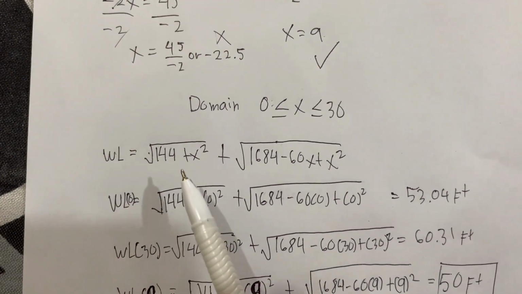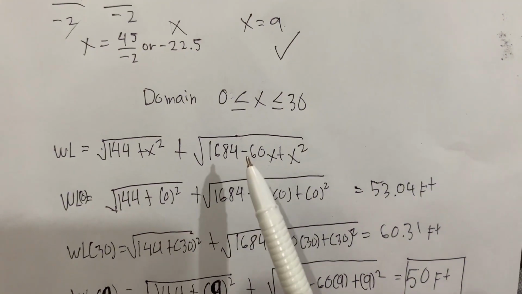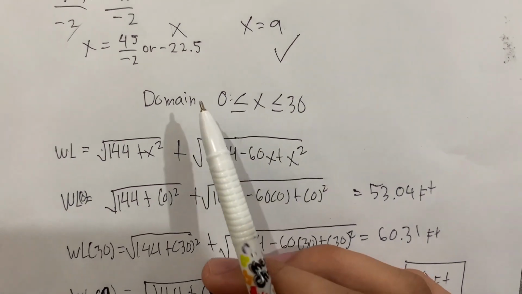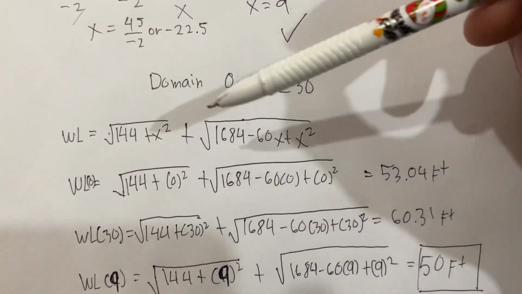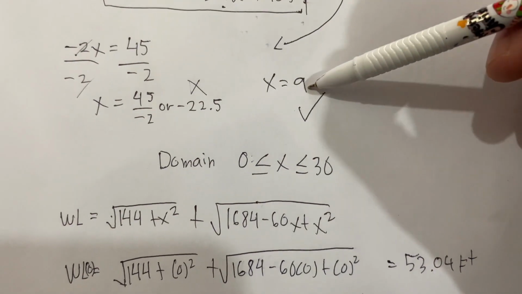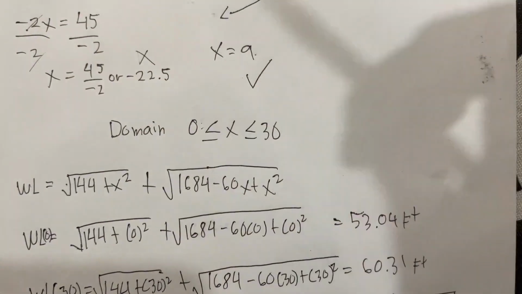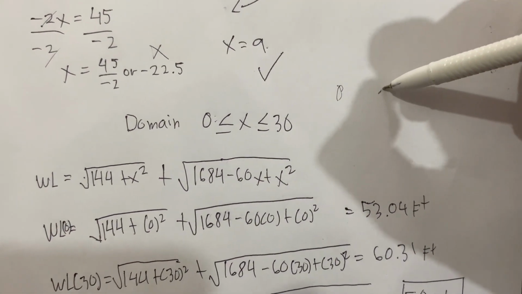So next, we're going to go back to our formula which we had earlier. Wire length equals the square root of 144 plus x squared, plus the square root of 1684 minus 60x plus x squared. Now, since we have x here and x there, we can just substitute our 9 here. But first, we are going to try if we assume that our x is 0 and 30.